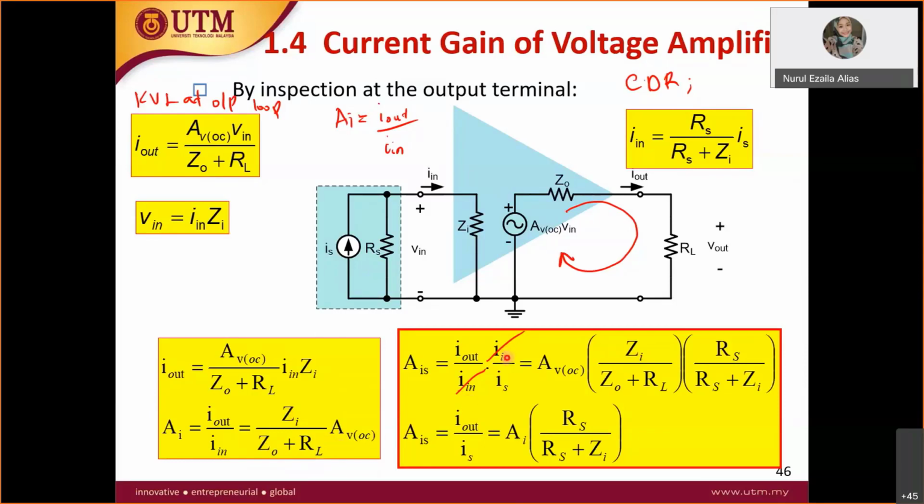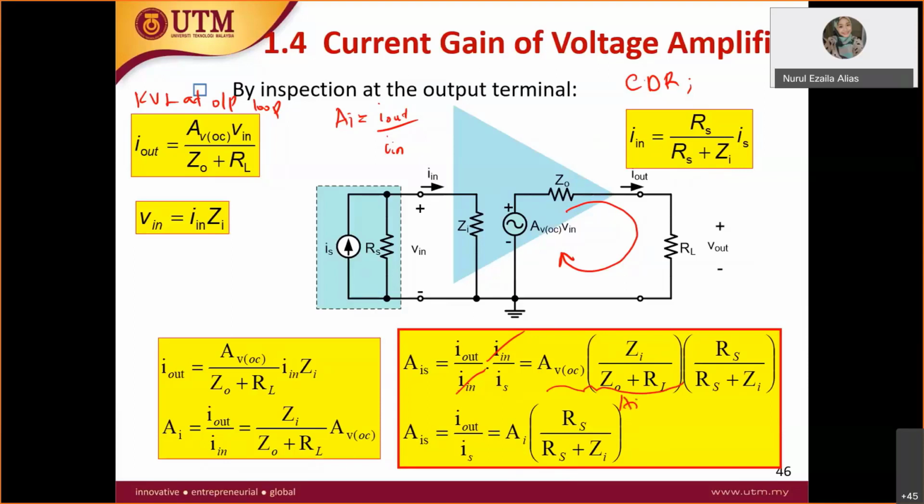Now, what is I in over IS? From the current divider rule, I in over IS is equal to RS over RS plus Z in. So you will get your AIS equal to this, which is actually your AI.